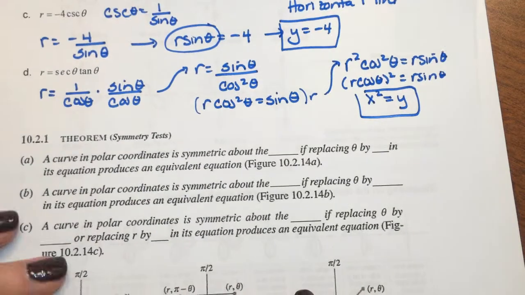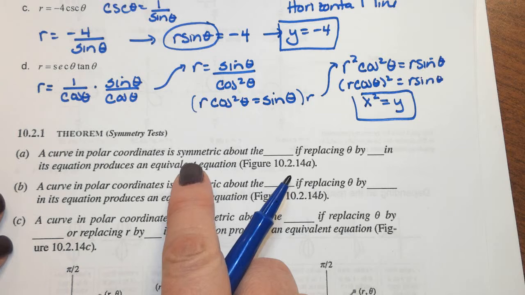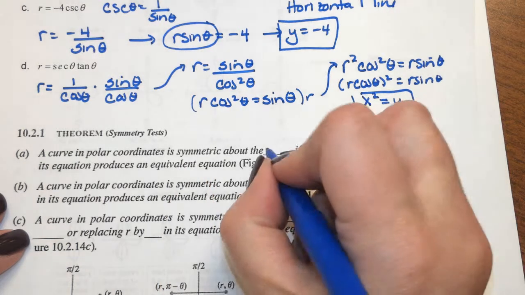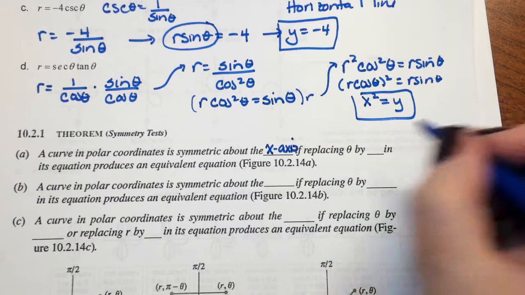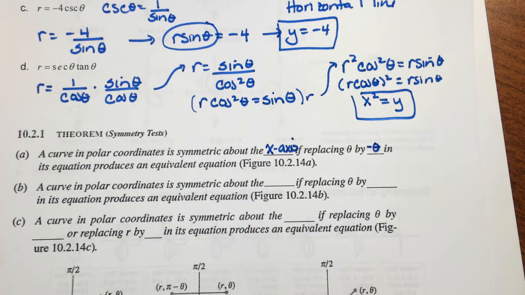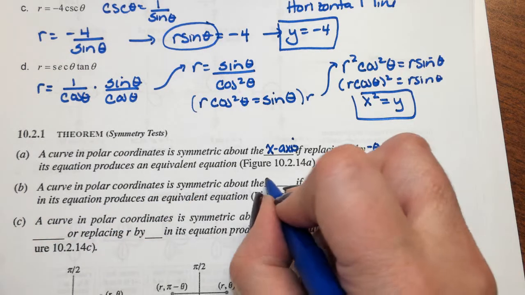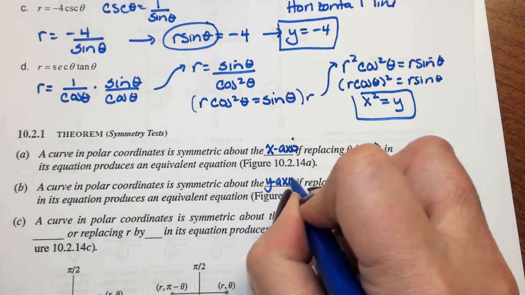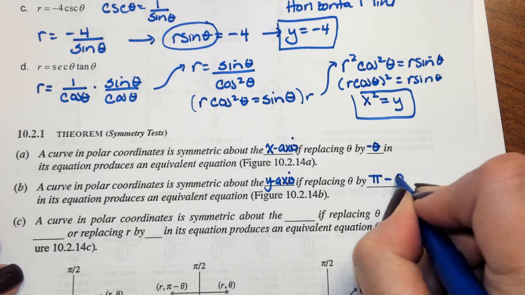So the theorems about symmetry in polar curves: a curve in polar coordinates is symmetric about the x-axis if we replace theta by negative theta in the equation. A curve in polar coordinates is symmetric about the y-axis by replacing theta with pi minus theta.